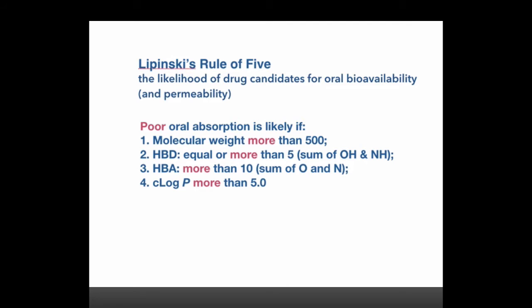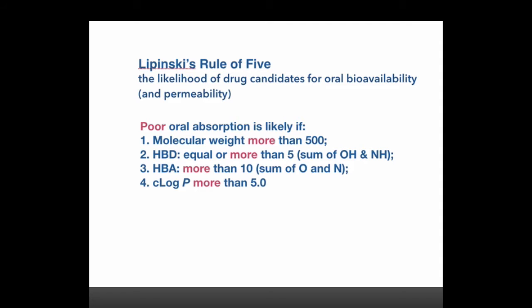A particular molecule would have poor oral absorption if the molecular weight is more than 500, if the HBD is equal or more than 5, if the HBA is more than 10, and if the ClogP is more than 5.